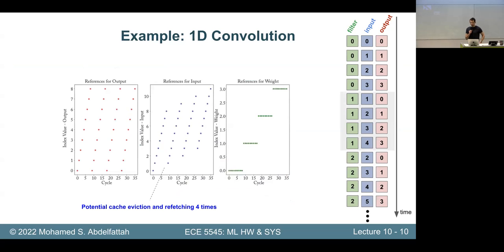And so a more common way of plotting this is a space-time diagram, where on the x-axis we're showing the cycle or time where I'm fetching a certain weight or an activation or changing the address of my output. And then on the y-axis we have the address of that element, whether it's weight, activation, or output.